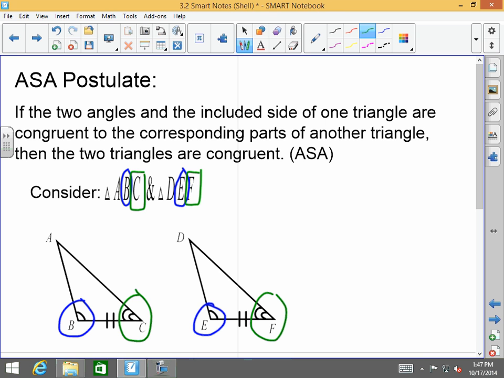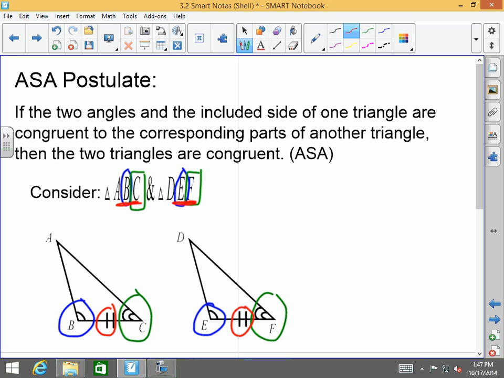And then we need the included side in between both of those corresponding congruent angles, which in this case is BC, which corresponds with EF, and BC and EF are also congruent.